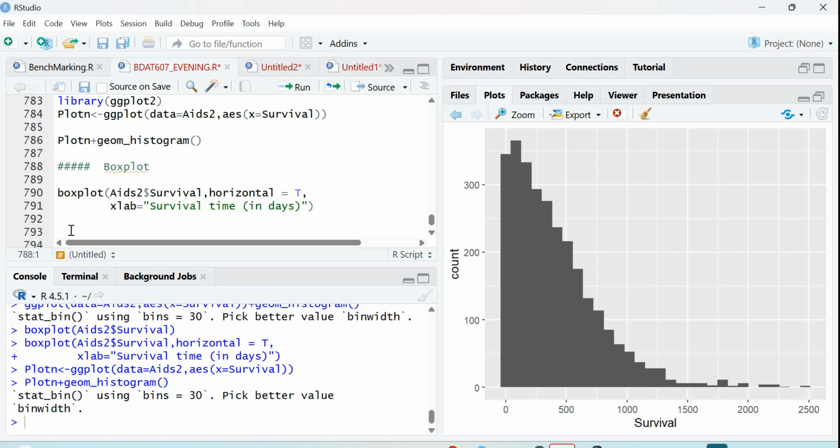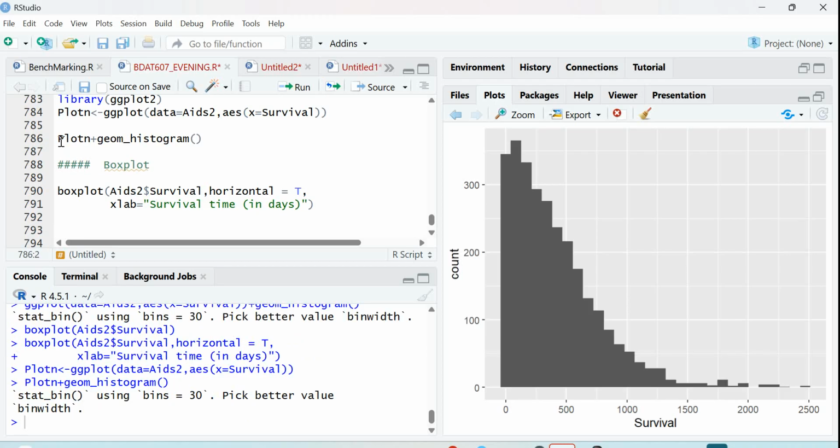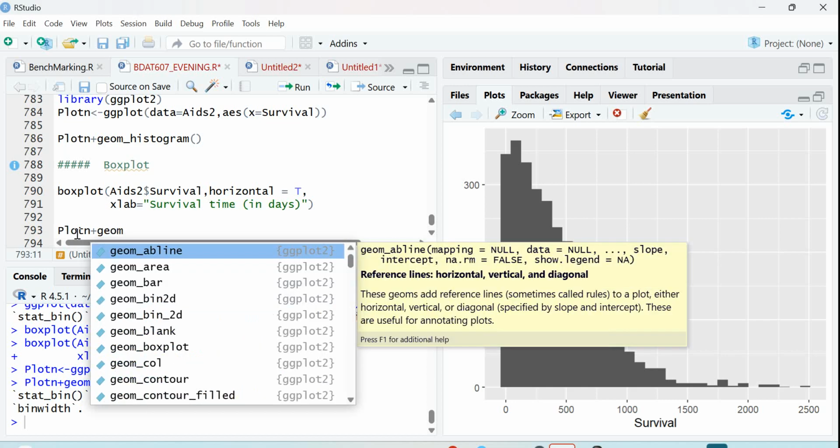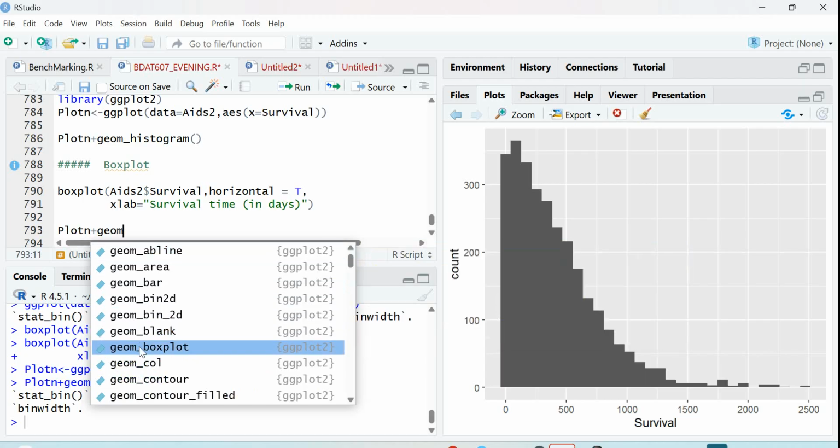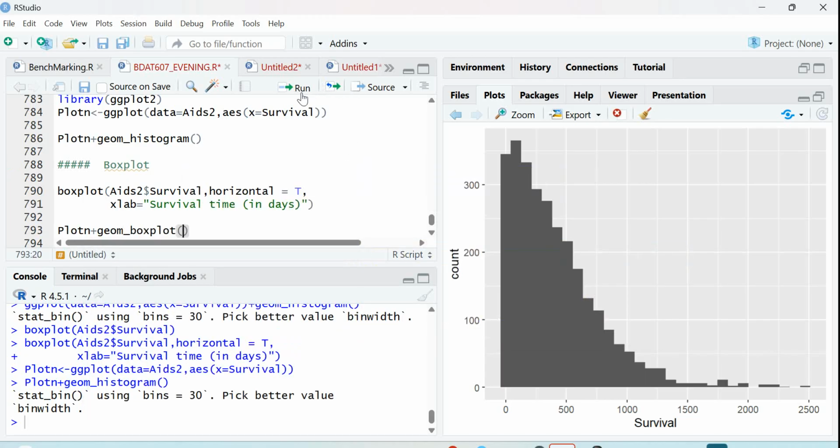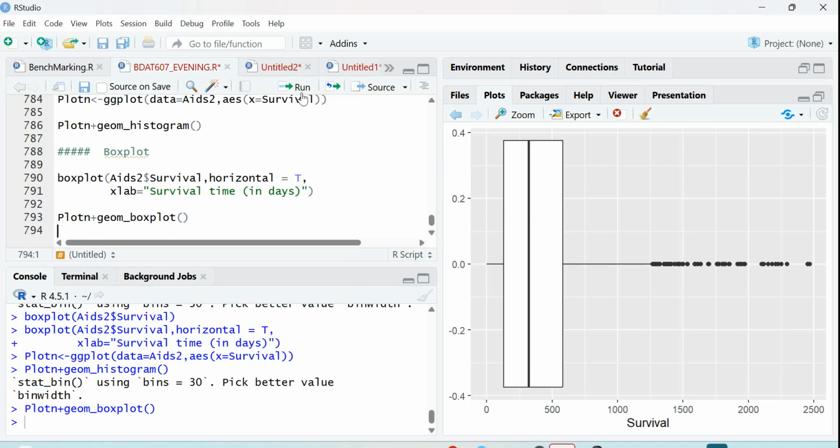When I want a box plot, all I have to do is take this. What do I add here? It's a geom underscore box plot. There we go. So you see, when you name it, it makes it easier for you to call it.